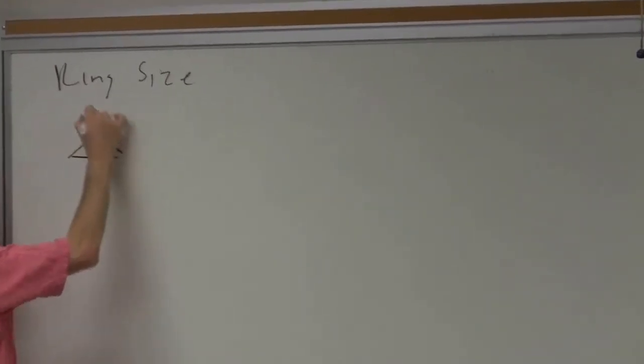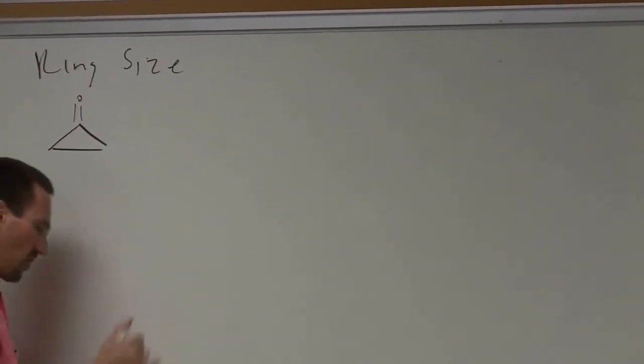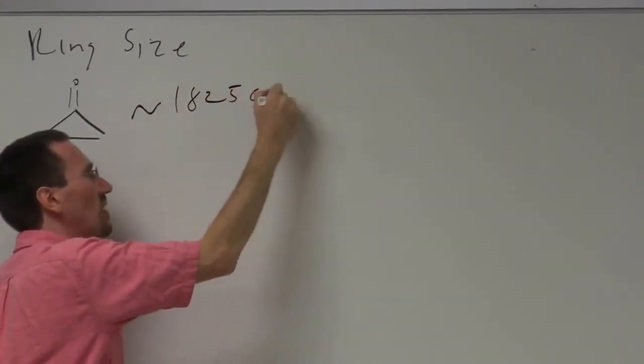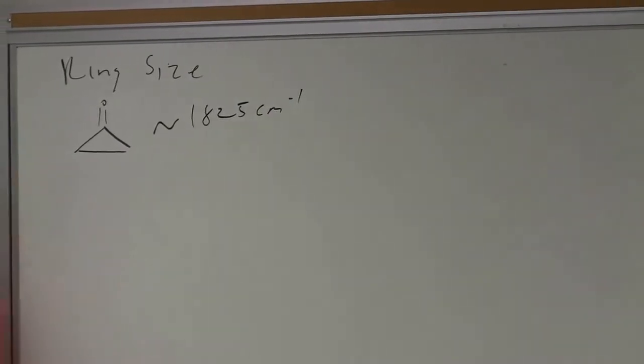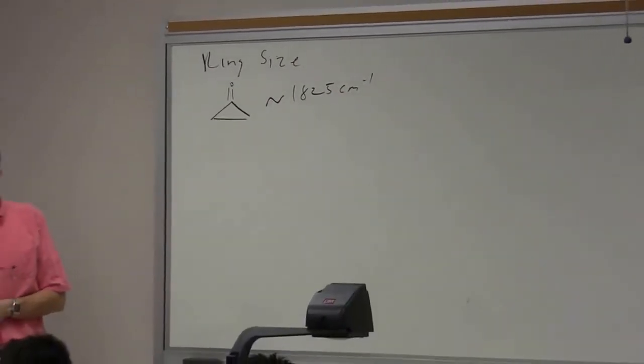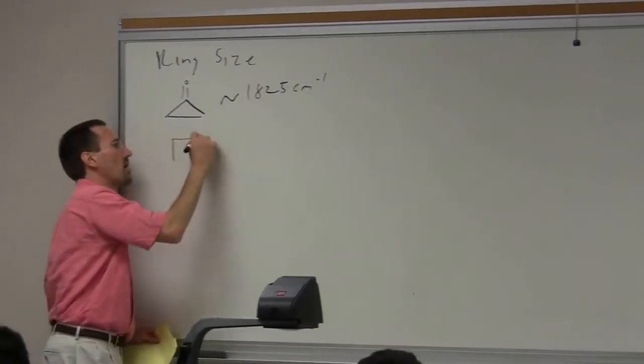A small ring is going to bring it up to higher wave numbers. So a cyclopropanone is at about 1825 wave numbers. Cyclopropanones generally aren't stable. They generally undergo ring opening. But on the other hand, cyclobutanones are stable.